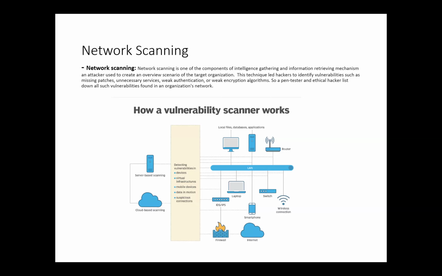Network scanning is a very key phase in ethical hacking, where we identify the active devices, open ports, the services running on them, and the vulnerabilities in a target network.